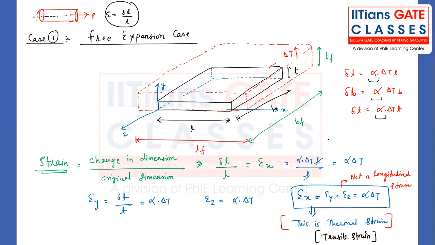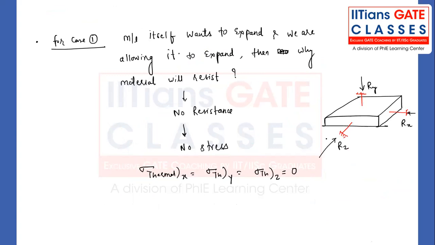Here you can see that there are no such restrictions. The material is freely expanding like anything. But in this particular scenario, my dear friend, the material is placed, the temperature has been increased, but it is not allowed to expand freely, because some restriction is there.